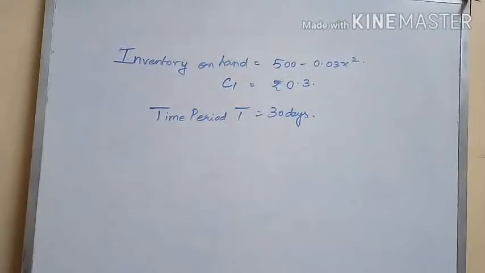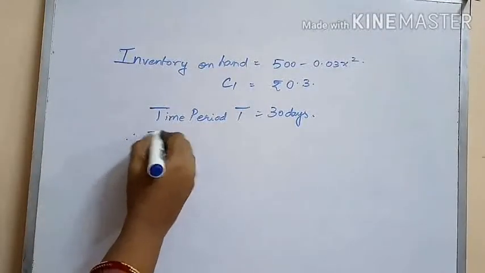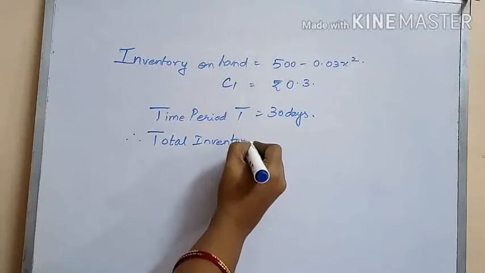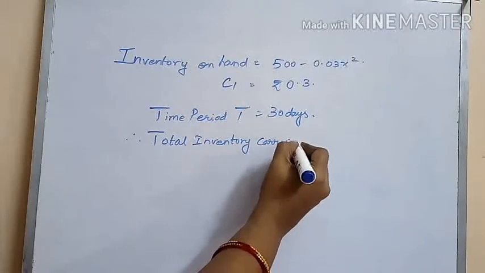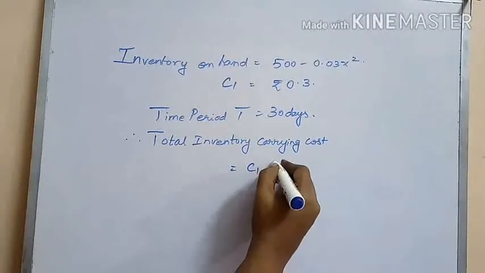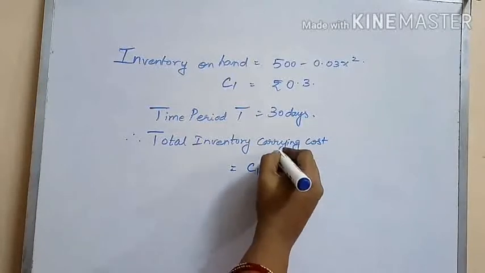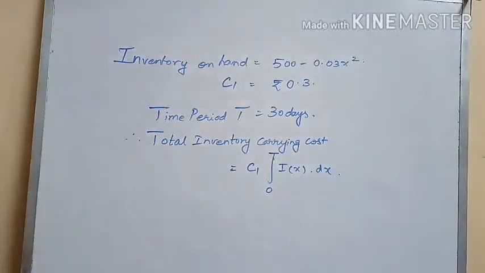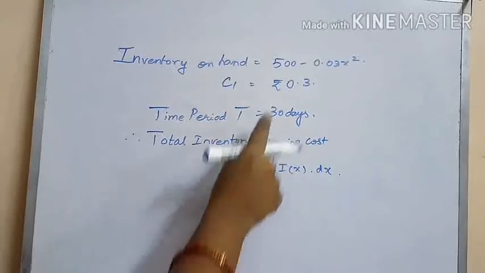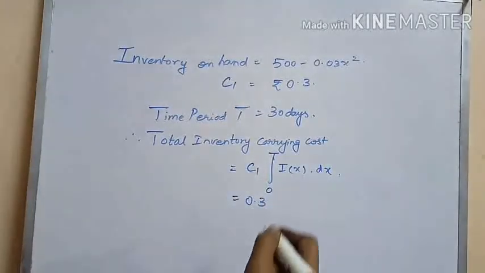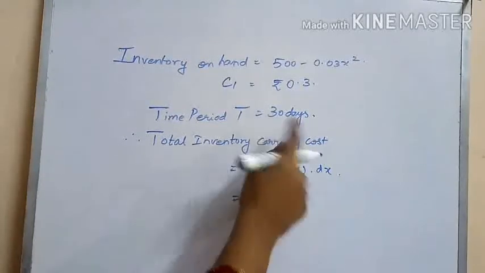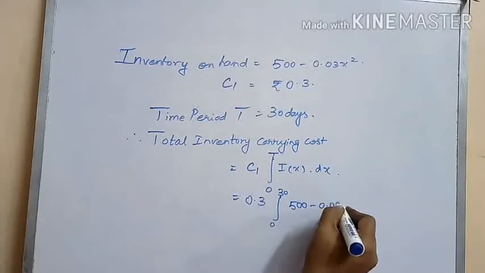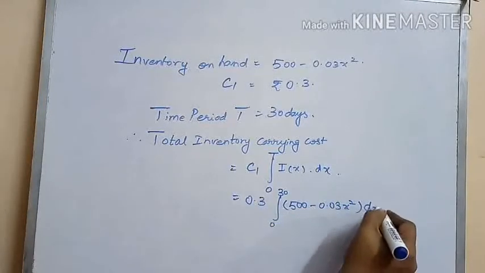So the total inventory carrying cost is equal to C1 into integral of 0 to T of I(x) dx, which is equal to C1, given to be 0.3, integral 0 to 30, I(x) is 500 minus 0.03 x squared, into dx.